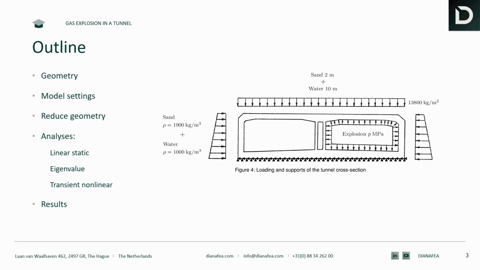Then we will assign the material properties for the tunnel concrete, the reinforcement grid, the steel, and the thickness of the reinforcement grid, as well as the loads, for example the hydrostatic pressure load, the gravity of the sand, and the explosion on the right side of the tunnel.